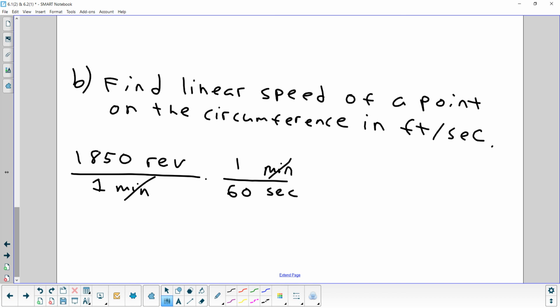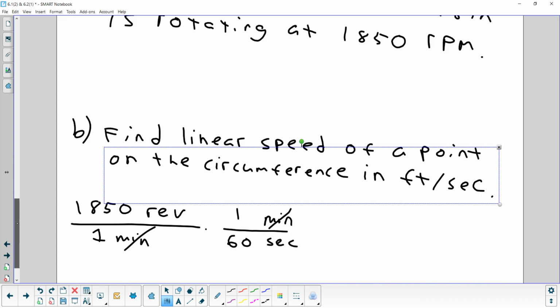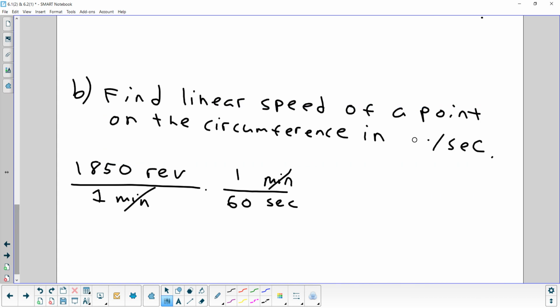We got the right time unit, but we don't have the right distance unit. We have revolutions. You know what, just to make it even simpler, let's do this in inches. It'll take one step off the problem. I want to get rid of revolutions.